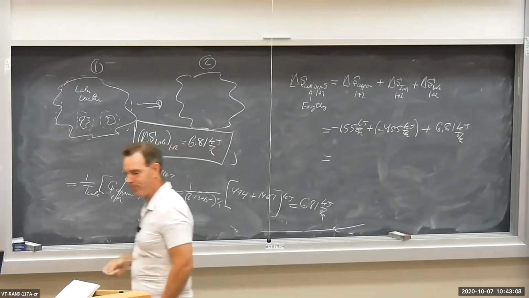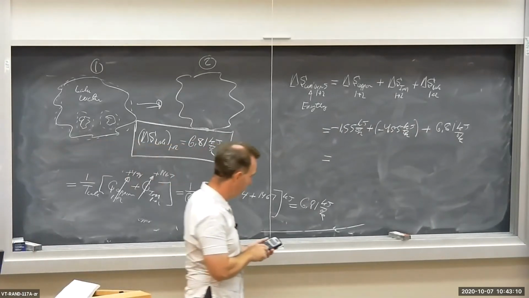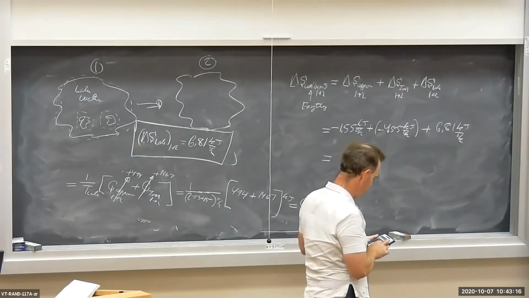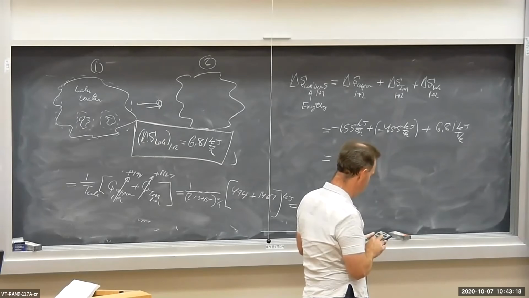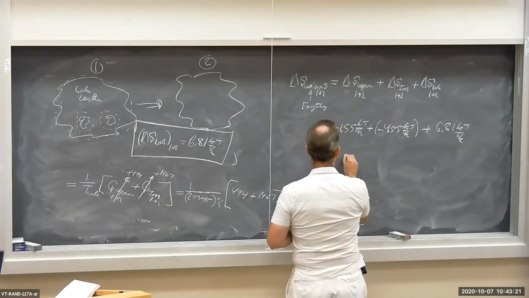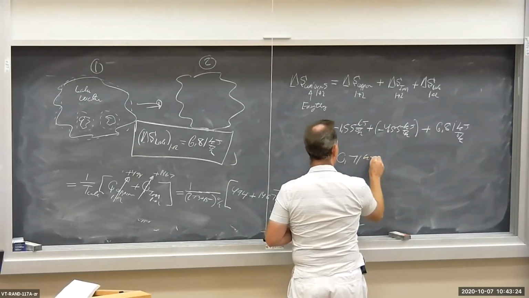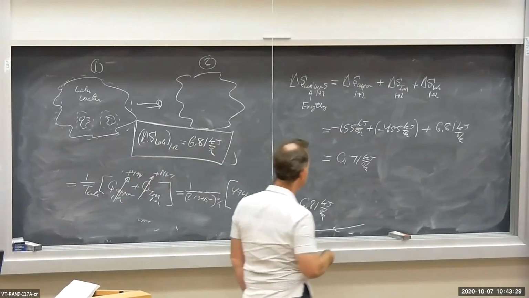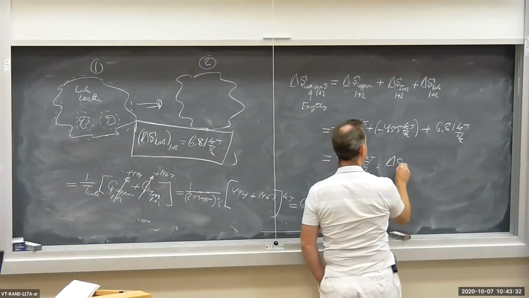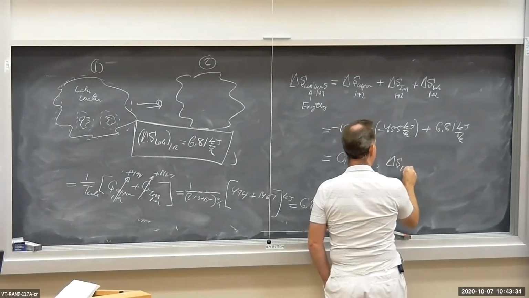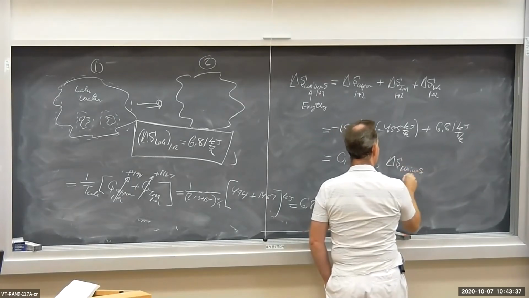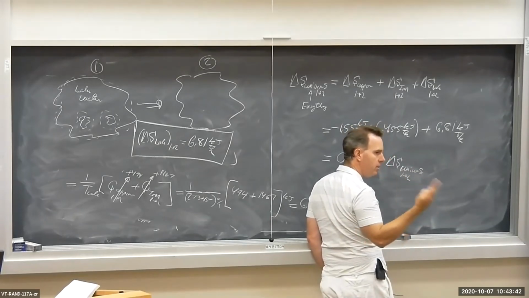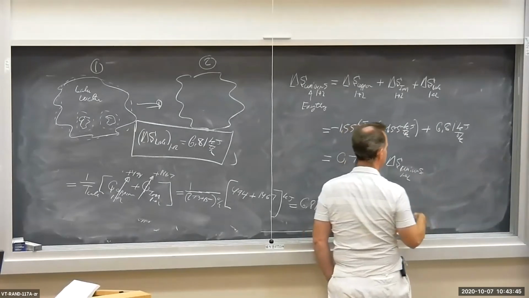Let's crank that out. Let's see here. 6.81 minus 1.55 minus 4.55. And I get plus 0.71 kilojoule per degree Kelvin. So delta S of everything, or the universe. Remember the handout we had where we talked about the environment, the universe, the system.